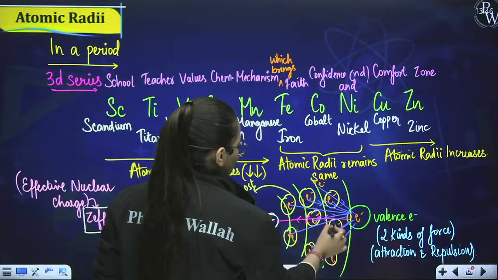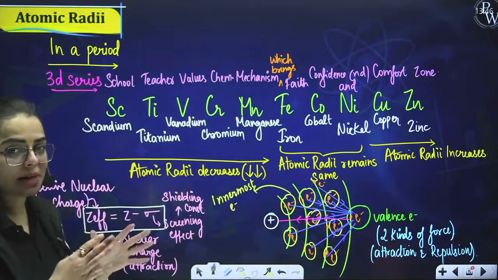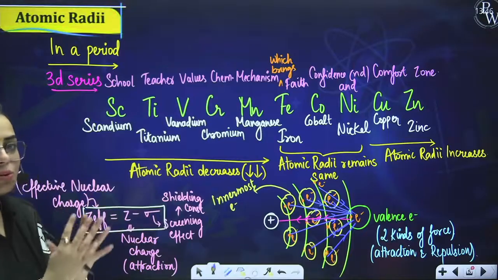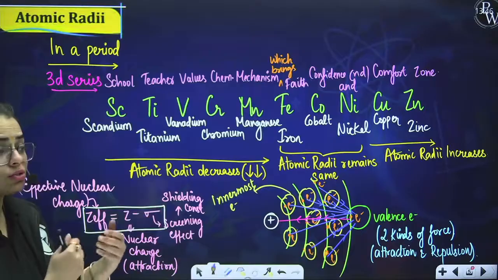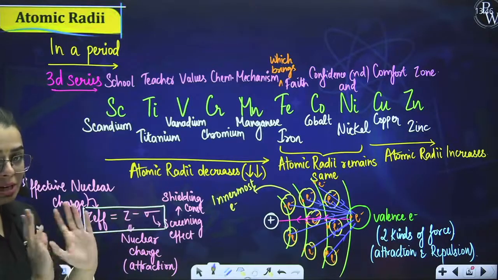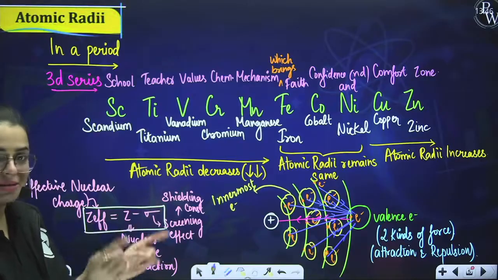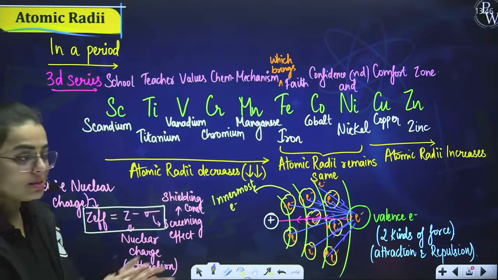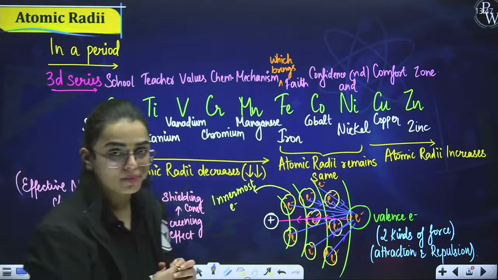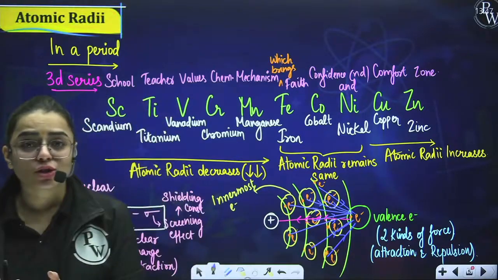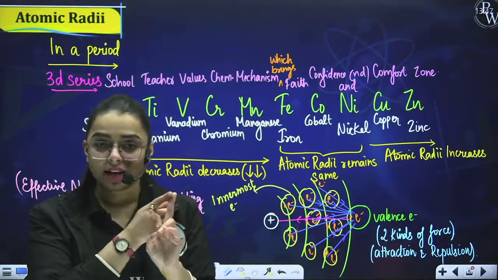These electrons will repel. Now when they repel, they tell the outermost shell electron, the valence shell electron, to not come inside, because we are doing repulsion. So the innermost shell electrons are responsible for causing repulsion to the valence electron, and the nucleus is attracting that valence electron towards itself, so it is showing attraction. So basically the valence electron can exhibit two kinds of forces, repulsive forces as well as attractive forces.